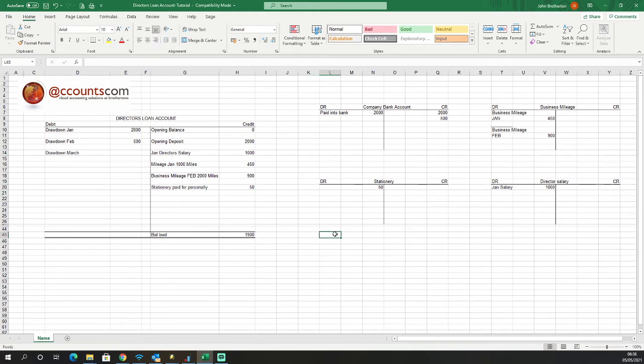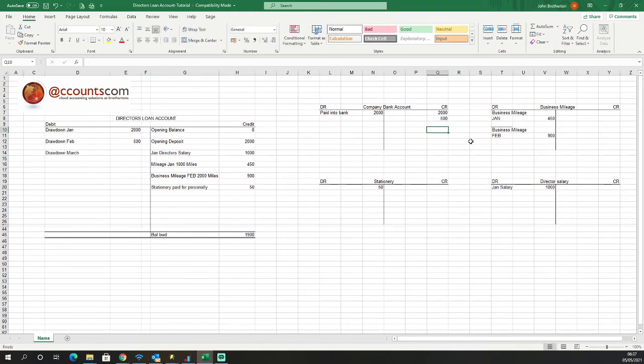Then in March we decide that we're going to draw out another £1,000 for drawings for us to live. So we credit the bank account there, and then we debit our director's loan account. So at that point we're still owed £900. So you can see how all these transactions interact, and if they're going through the director's loan account, we've got this rolling total.